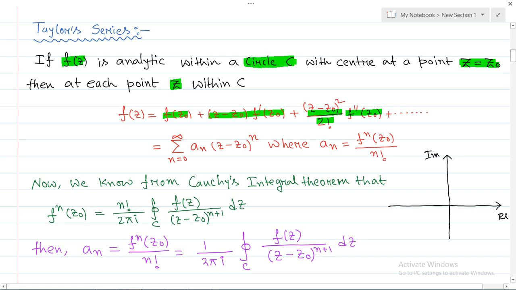So it is quite similar to the Taylor series that we have learned in real analysis, right?